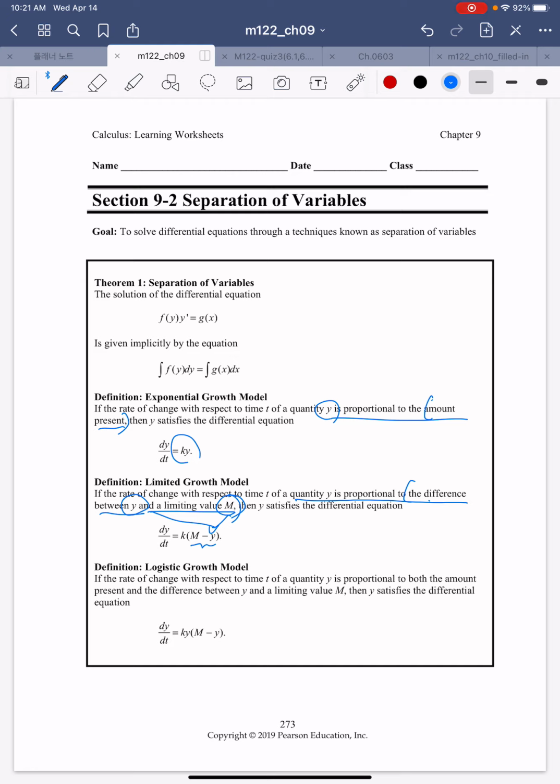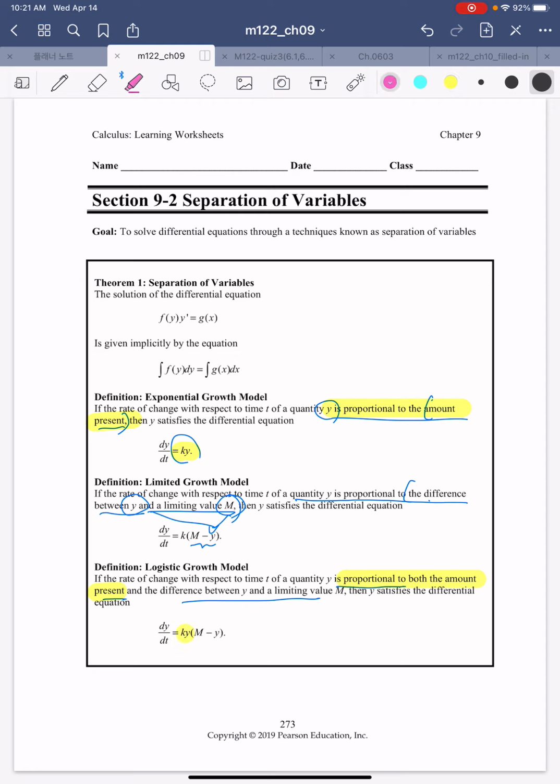Now logistic growth is proportional to both the amount present and the difference between y and the limiting factor. The amount present is this part here, so that's why you see the k times y.